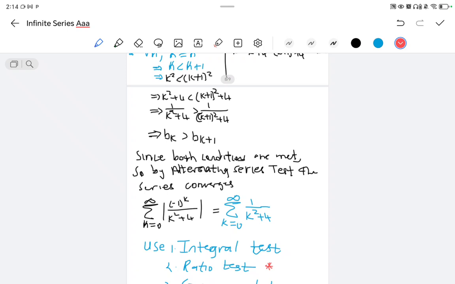Usually, the p-series test applies when we are starting from 1, right? But even if we start from 0, those terms will just give us certain constants that won't affect us. So it won't matter. We can still analyze it from 0.